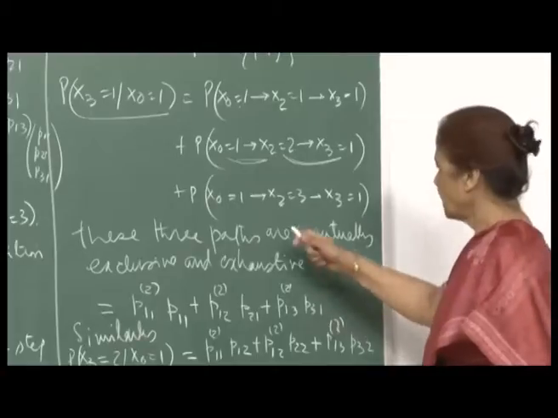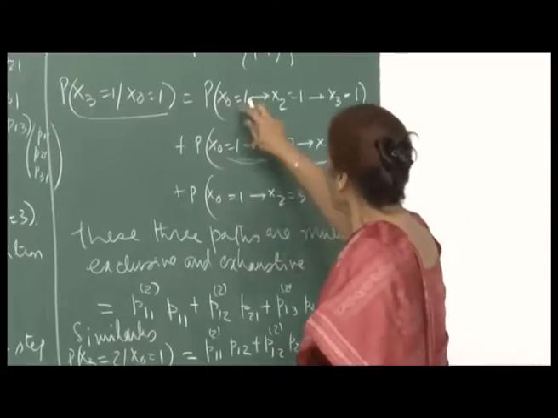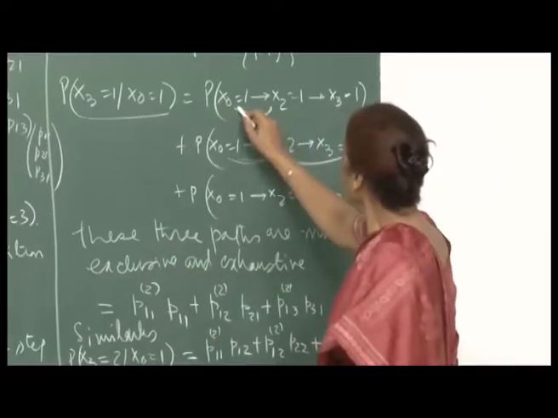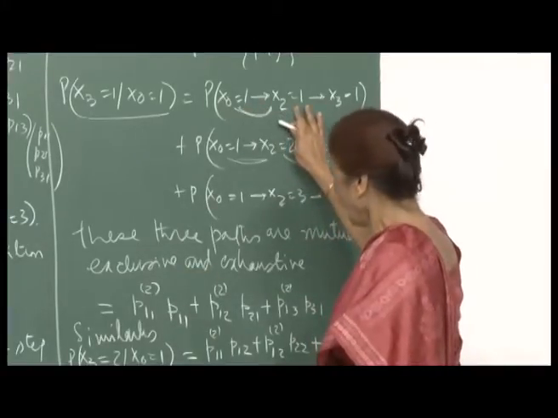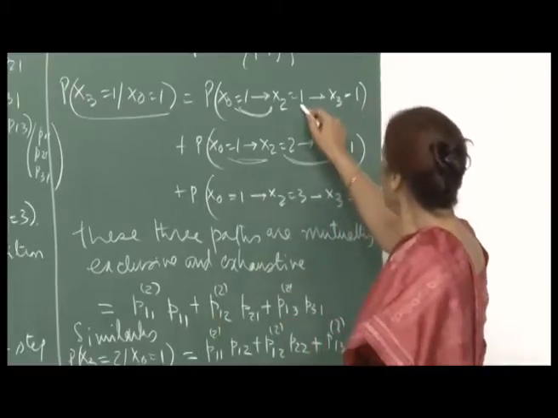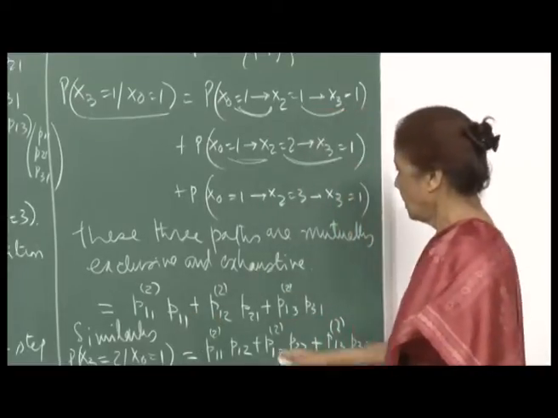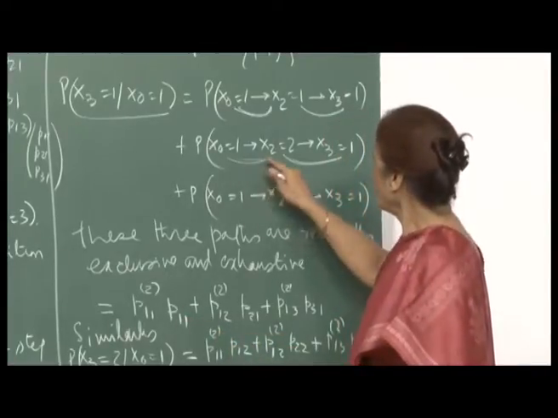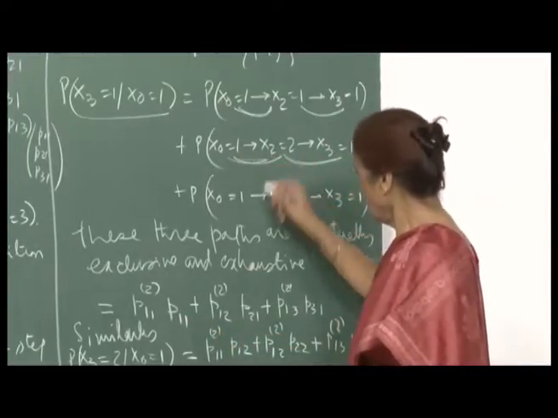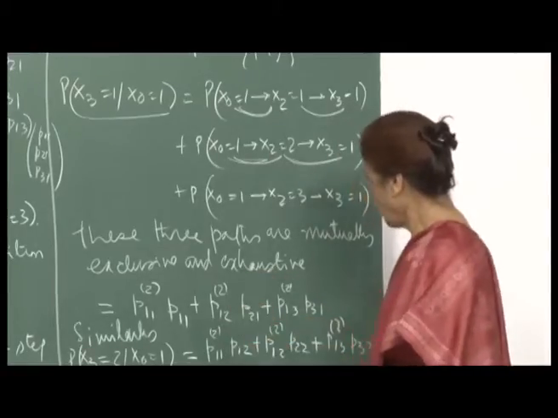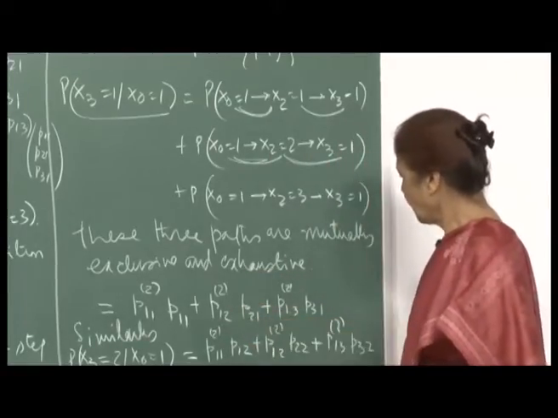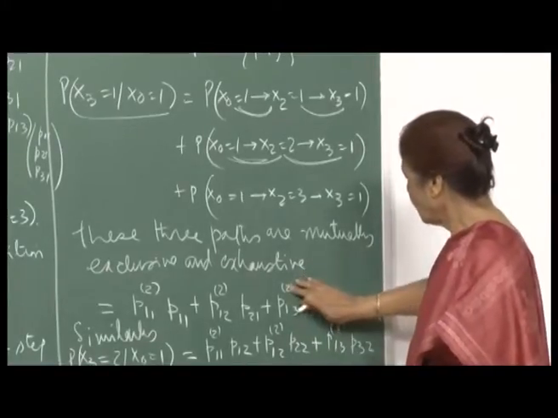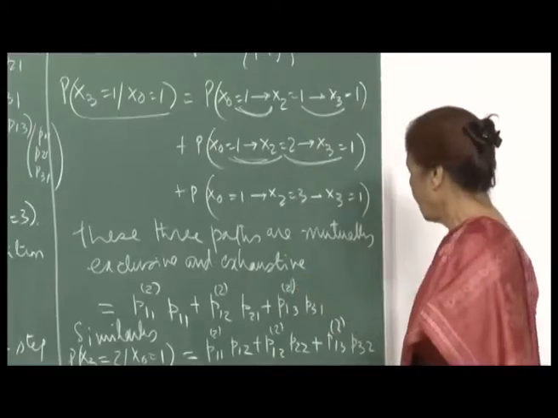Right. So, therefore, you see that these 3 probabilities can be written as p_{11}^{(2)} p_{11}. Yes, in 2 steps you are going from 1 to 1, and then again in 1 step from 1 to 1. So, this is p_{11}^{(2)} and p_{11}, right. Similarly, 2 step transition from 1 to 2, p_{12}^{(2)}, and then 2 to 1, p_{21}, plus p_{13}^{(2)} and p_{31}, right. This is here, right.